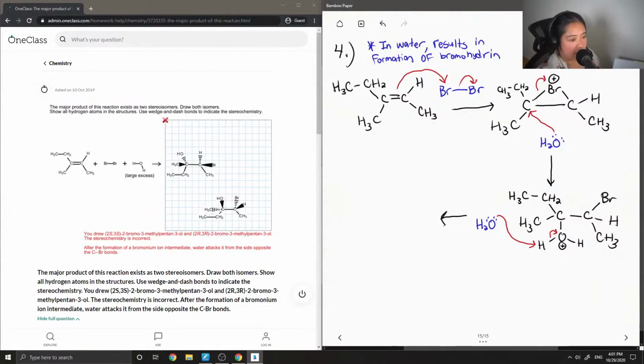So I'm going to show the stereochemistry in one of these products up here. So essentially we have a new bromine added, and we also have a new alcohol group added as well.